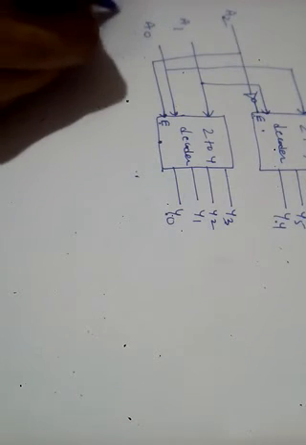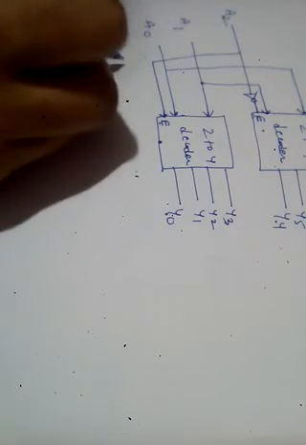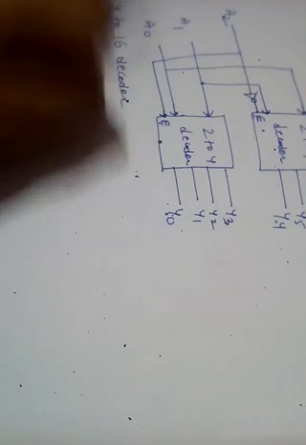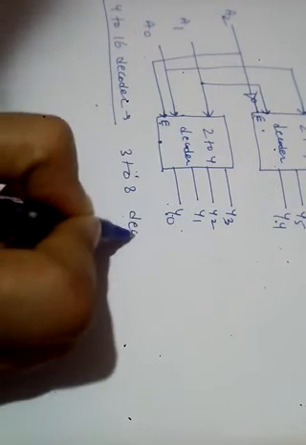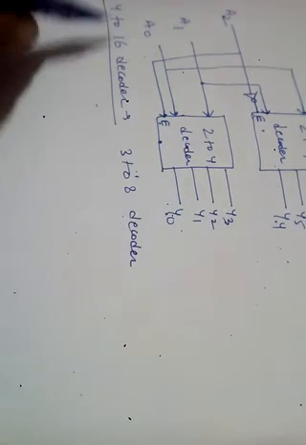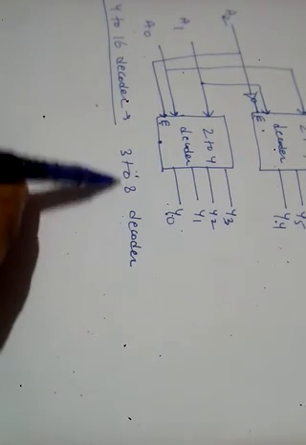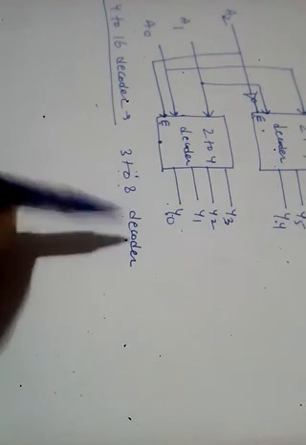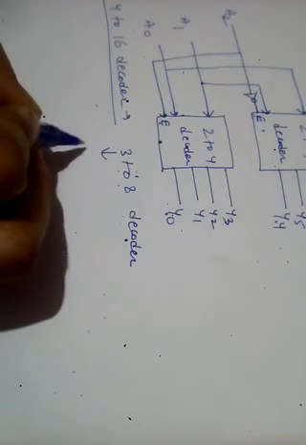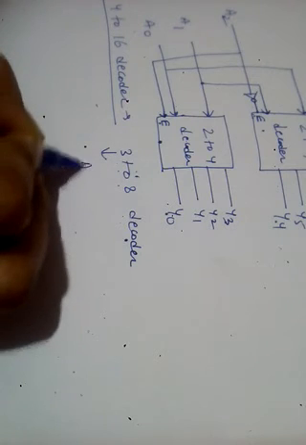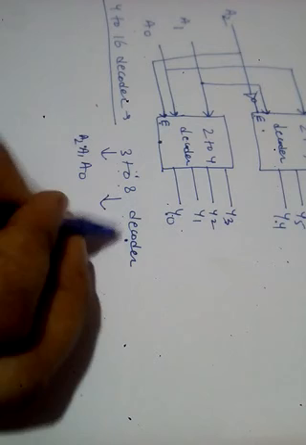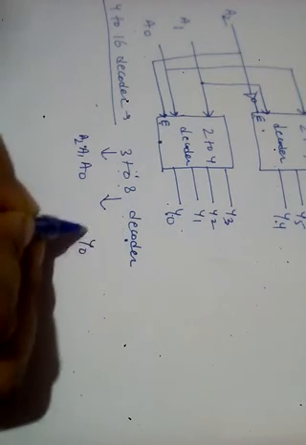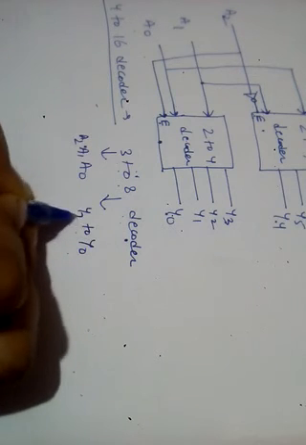Now implement a 4 to 16 decoder using lower order decoder, that is 3 to 8 decoder. We will implement the 4 to 16 decoder using 3 to 8 decoders. Now we know the 3 to 8 decoder has 3 inputs, suppose A0, A1 and A2, and 8 outputs, suppose Y0 to Y7.